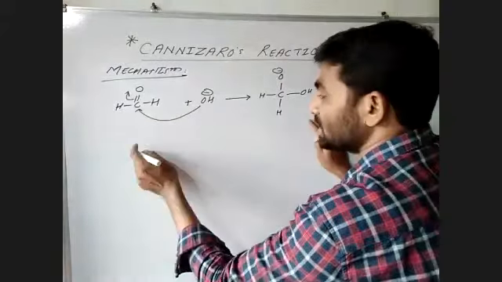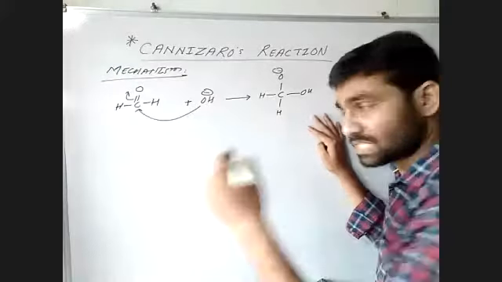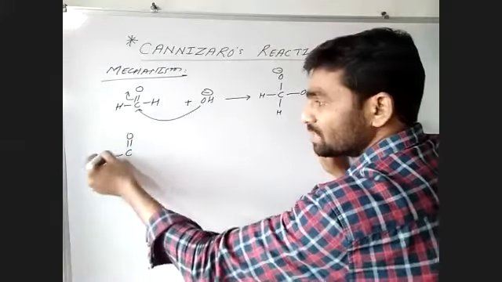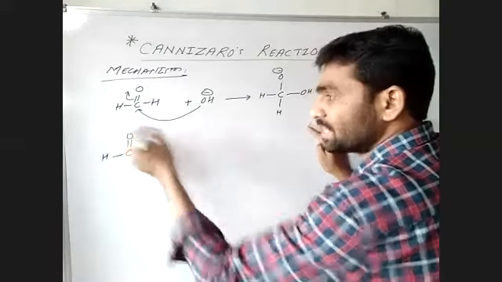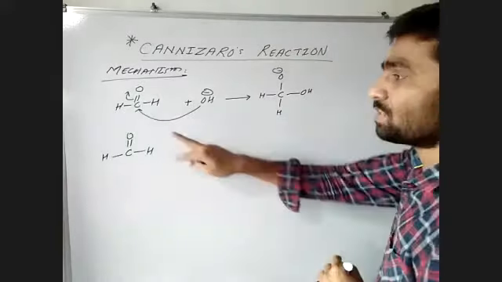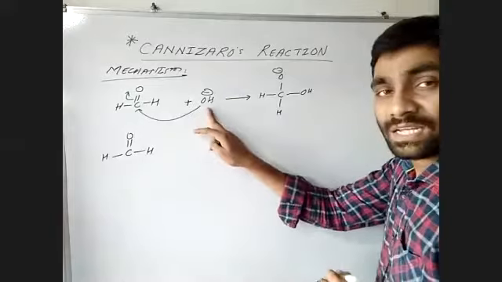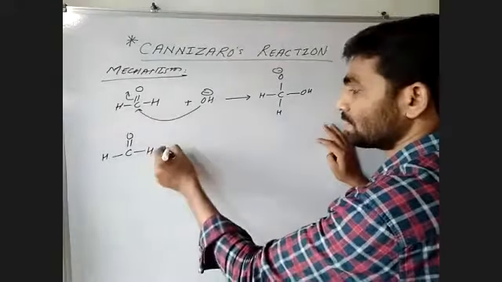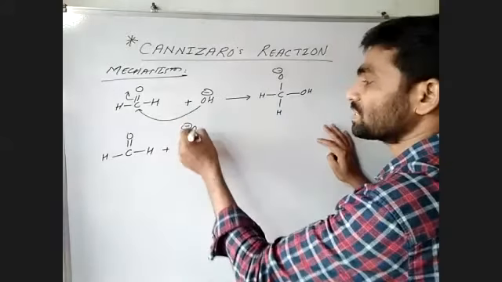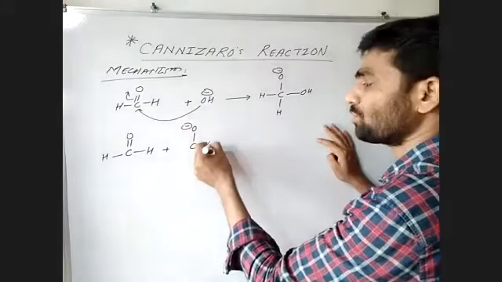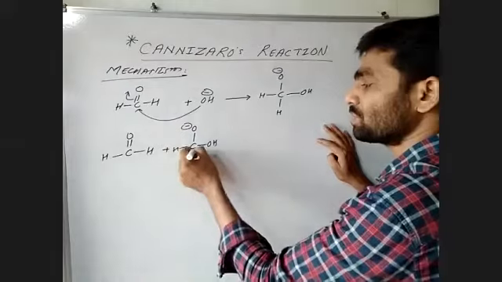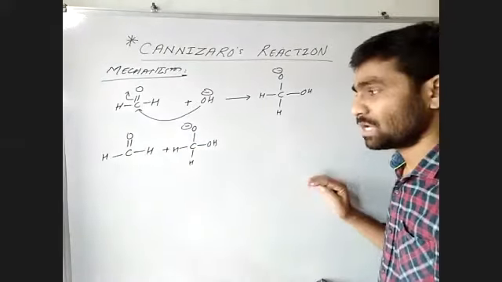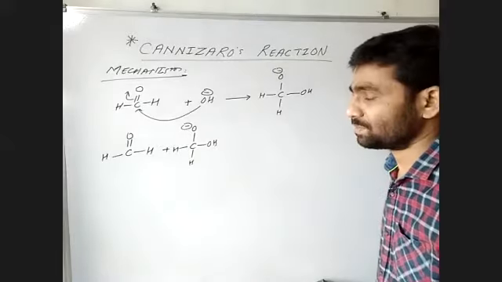In the second stage, just like at the first stage, we have to write a second molecule. Here I have written the first molecule, here the second molecule. Now, in the first molecule, OH minus attacks. In the second molecule, what will happen? This will react with this second molecule. Very important, all of you should focus your attention.